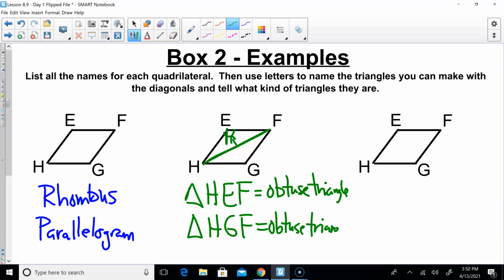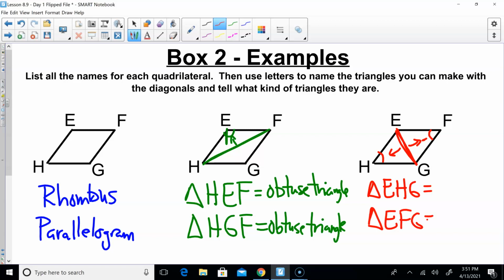Does that mean the other ones are going to be obtuse triangles? Well, let's find out. Now we can cut from E to G, cutting it in half. So now we look at the angles opposite, which would be H and F. So we've got triangle EHG and triangle EFG.